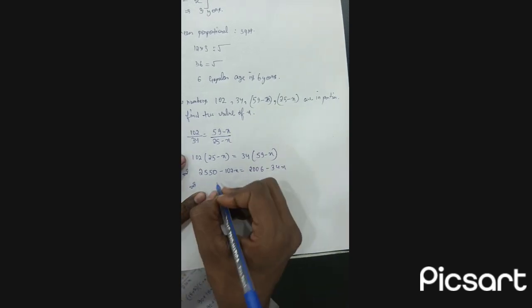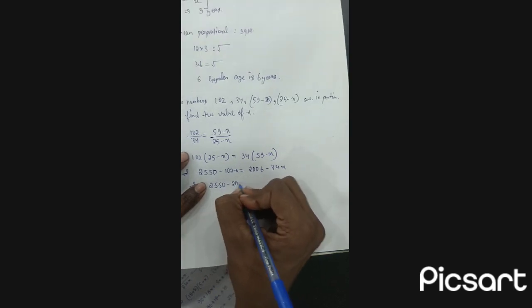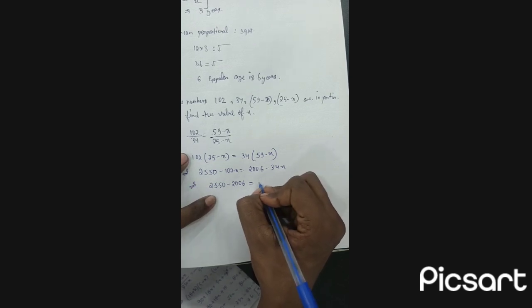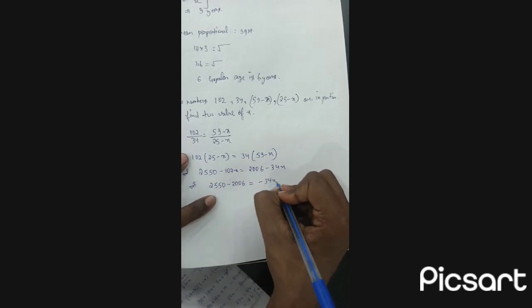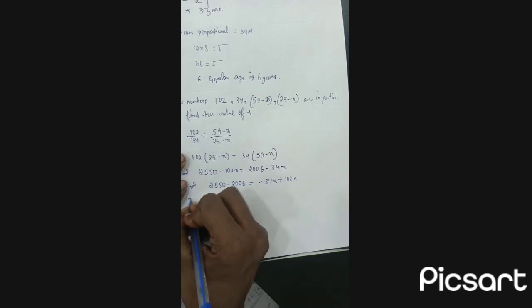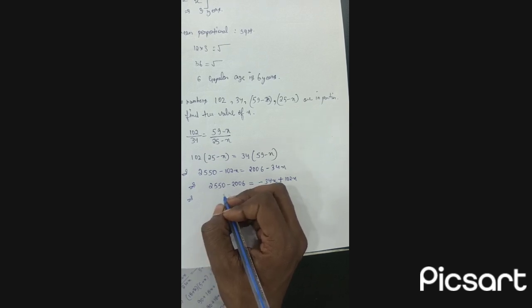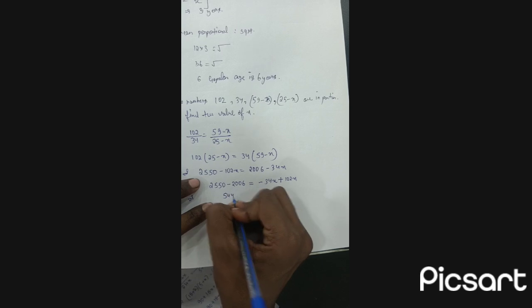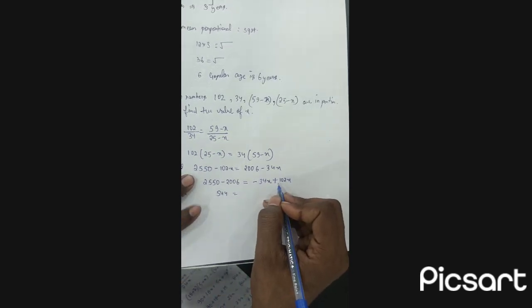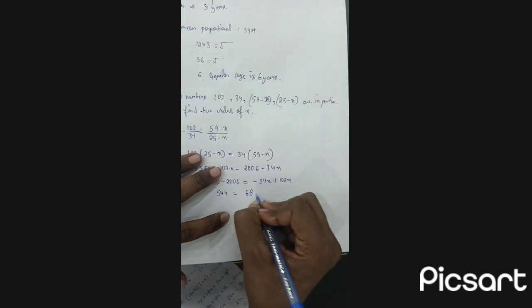From here, 2550 minus 2006 equals minus 34x plus 102x, which gives 544. The sign will be positive: 102 minus 34 is 68x.